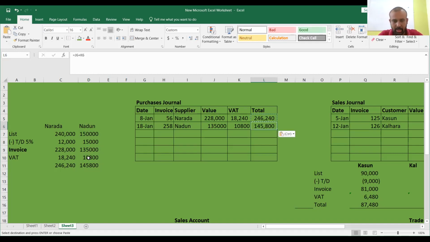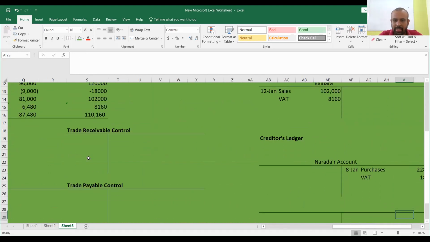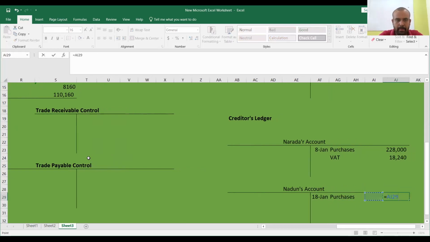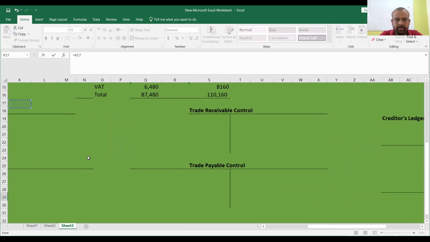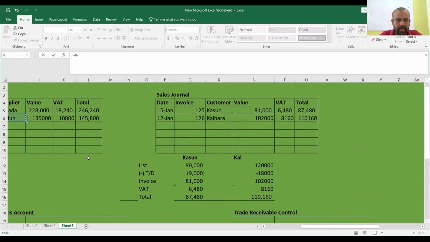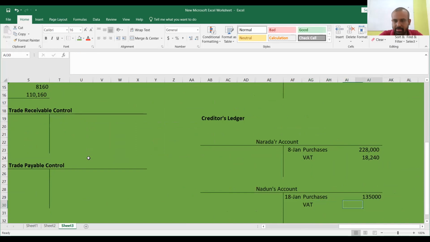Okay, you need to update Nadun's account, right? Since it is the same way, I didn't give lots of explanations there. You need to update the ledger account in the same way. Nadun's account, on the 18th, purchases 135,000 and the value added tax.